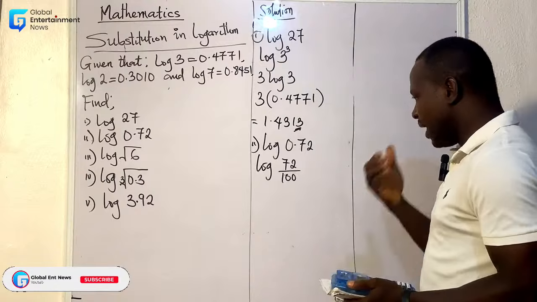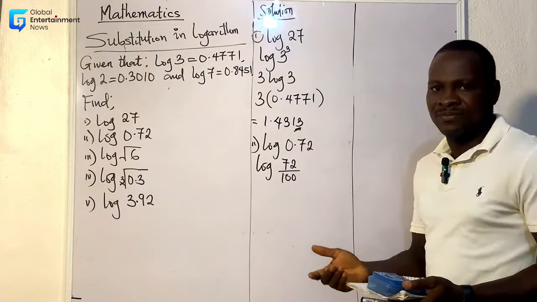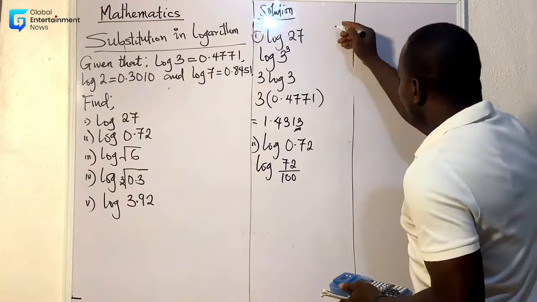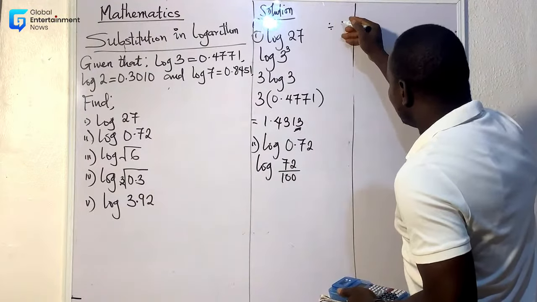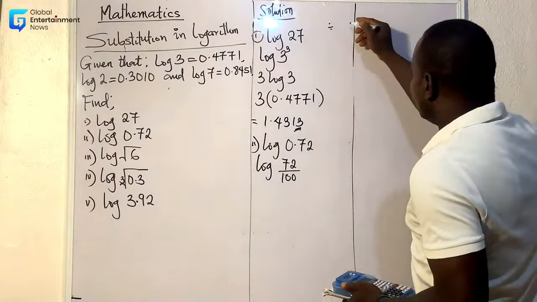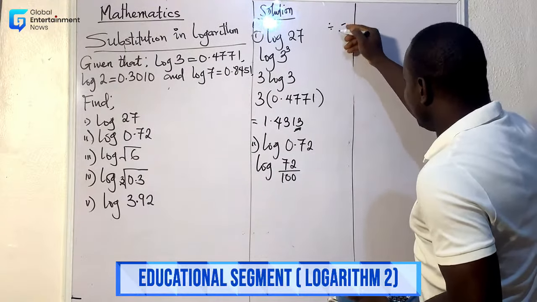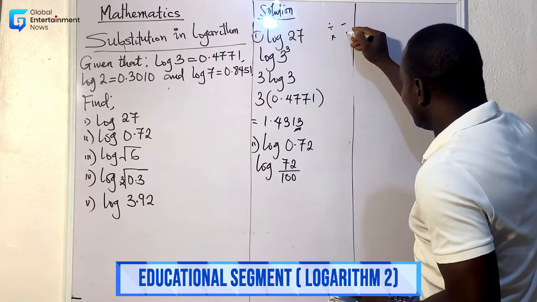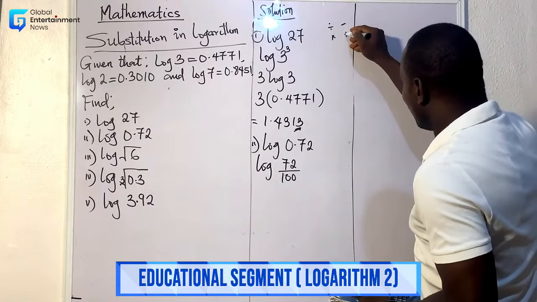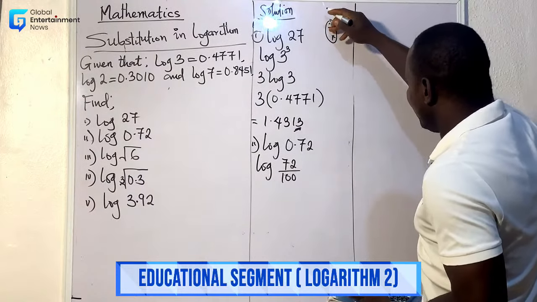If you could remember, when we are talking about division under logarithm, if division is the basic operation that we have, the logarithm will turn to minus. If it is times, the logarithm will turn to addition. That means these are the basic operations in logarithm.